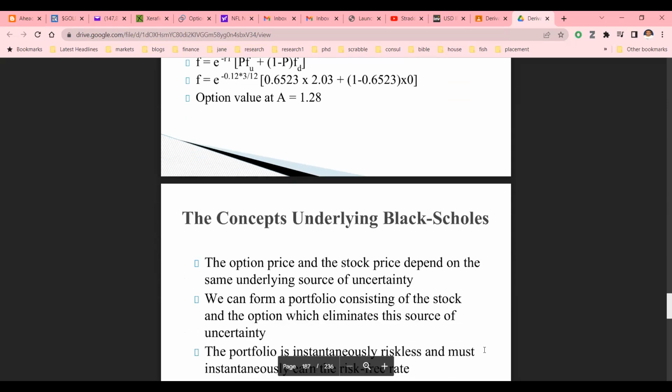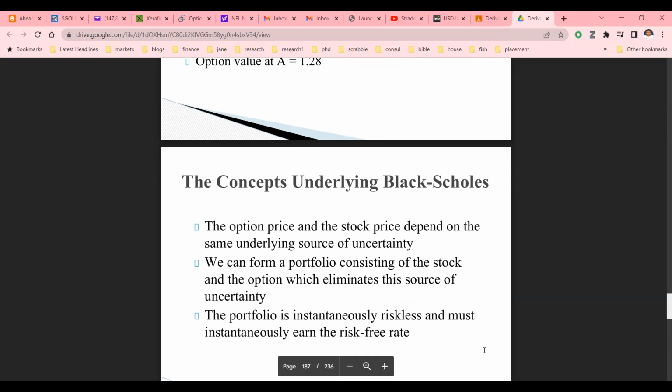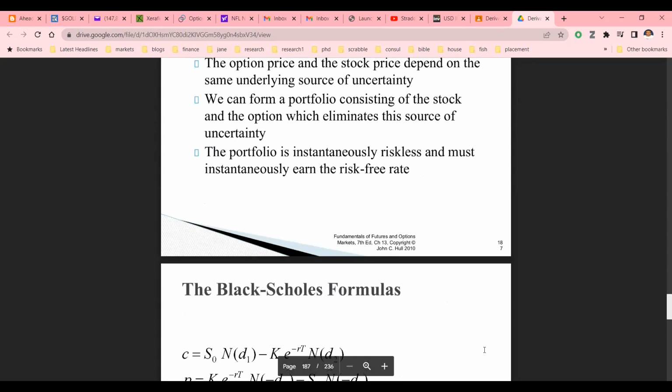Basically, we say that stock prices follow a log normal distribution. Both the stock price and the option price are subject to the same level of uncertainty. So how can we eliminate this? We can form a combination of the stock and the option. If you create such a portfolio, it becomes risk-free. So the whole concept of Black Scholes is based on certain underlying assumptions.